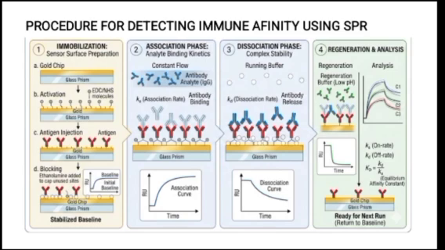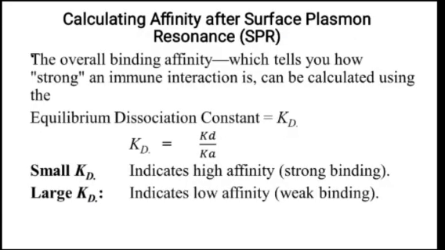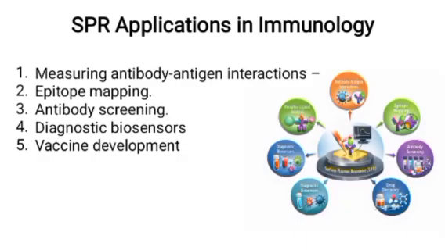Then the sensor will collect the information all together and plot a graph of association and dissociation, which can be clearly calculated based on the values collected using KD equals K dissociation over K association. So the smaller the KD, the higher the affinity, and the larger the KD, the lower the affinity. So the surface plasmon resonance has a vast application in immunology.